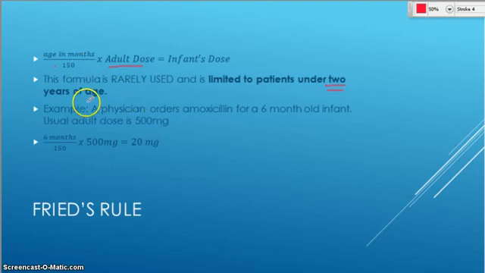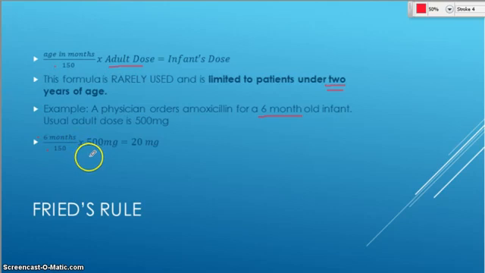So for this particular example, we have a physician who orders amoxicillin for a 6-month-old infant, and the usual adult dose is 500 milligrams. So we're going to take that 6 months, and that's going to go on top of our fraction. We're going to divide that by 150. Again, do that in your calculator first. 6 divided by 150.